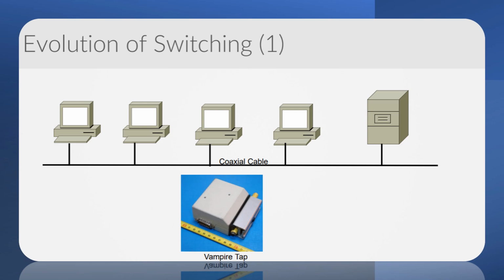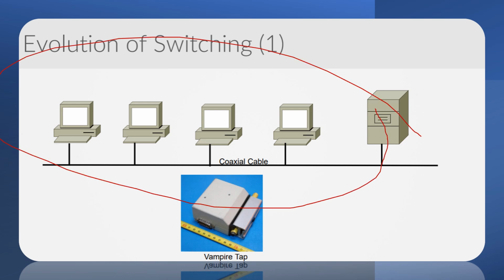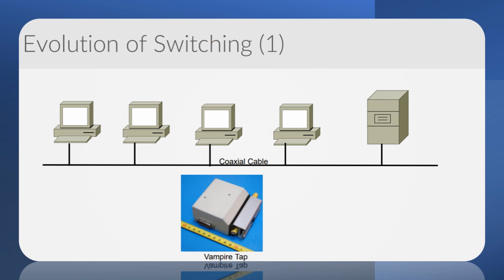Why is it needed? Why are switches and hubs needed if we can make connections in this way? Let's find out. As we know, Ethernet has limitations: it cannot run more than 100 or 200 meters.